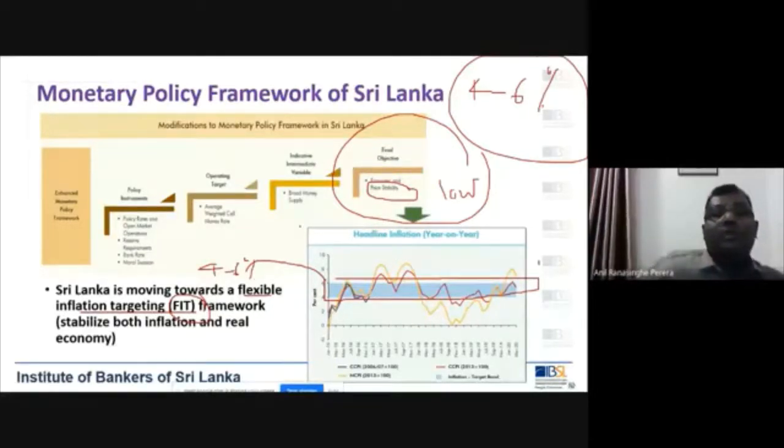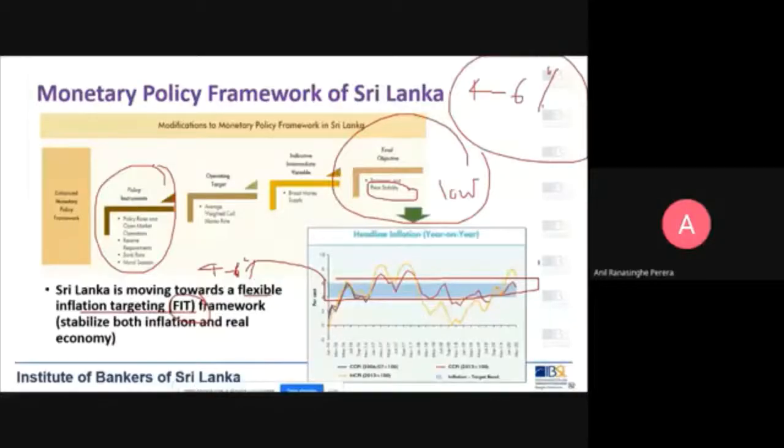Now, to keep inflation within this band 4 to 6%, the central bank is using policy instruments. Policy instruments are the tools that the central bank has to keep inflation within this range or to achieve low inflation numbers.